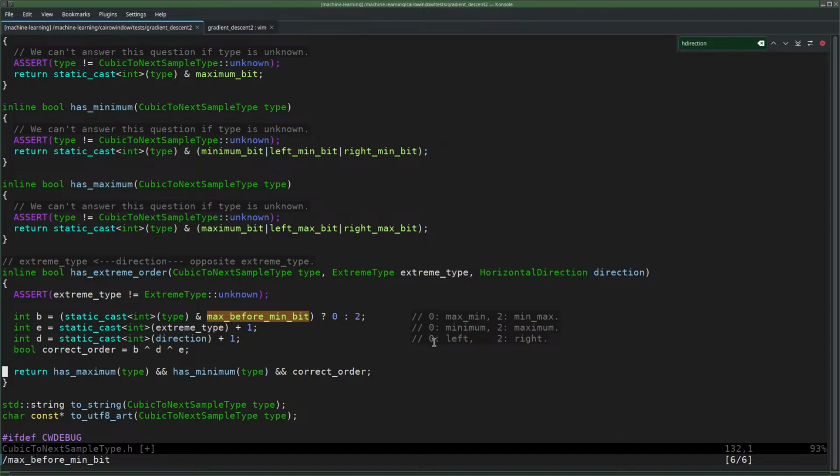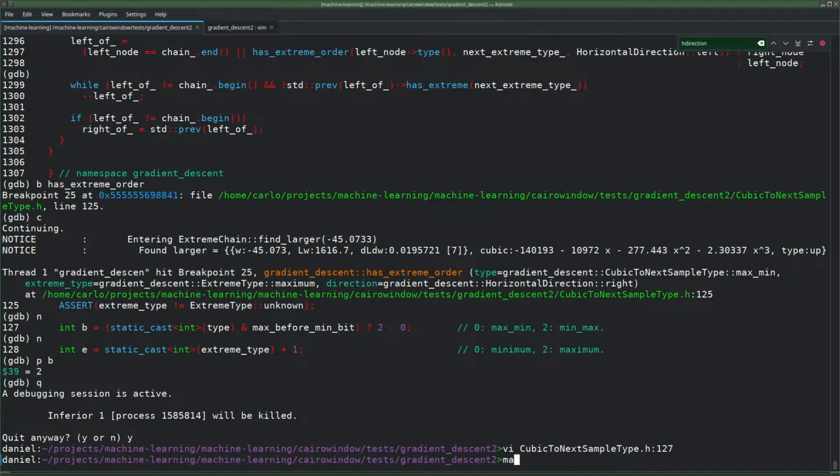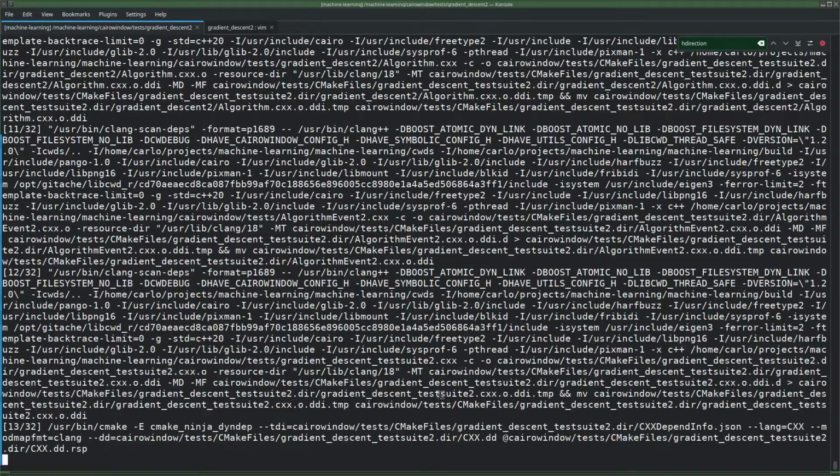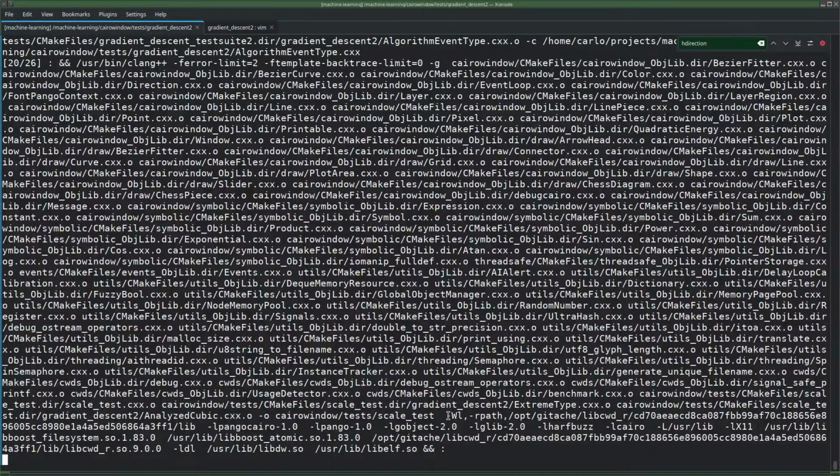So 0, 0, 0 should return false. So this is correct, and therefore this must be a 0. These two are just wrong. It's so strange. I don't know, I'm kind of confused that I didn't run into that sooner.